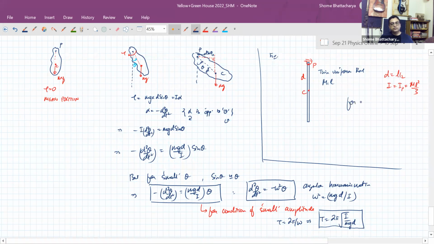So for small angular amplitude, it performs harmonic oscillations with time period.